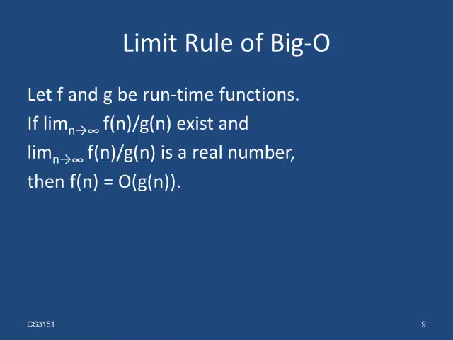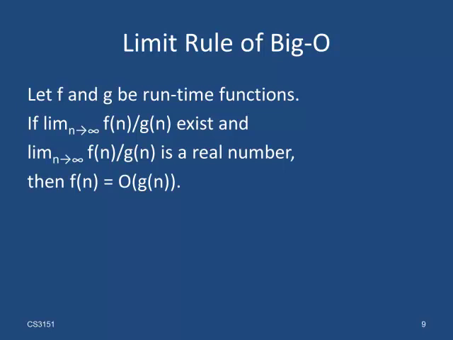But there are some cases where the following rule might be really helpful. To understand the rule, you need some calculus knowledge. In particular, you have to know how to determine the limit of a function. Let's say you think that f of n is O of g of n. In other words, you believe that f of n grows the same or slower than g of n. You can look at the fraction f of n over g of n.